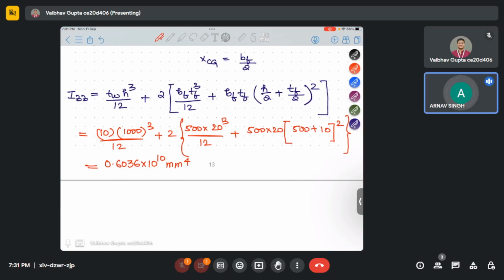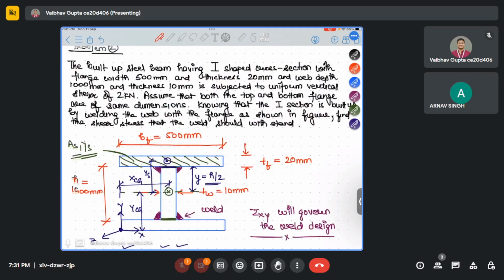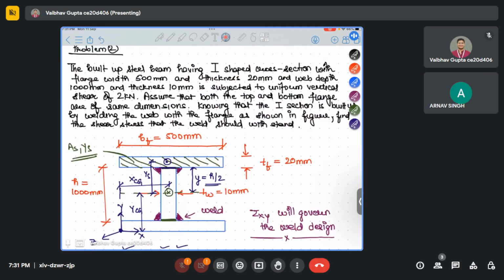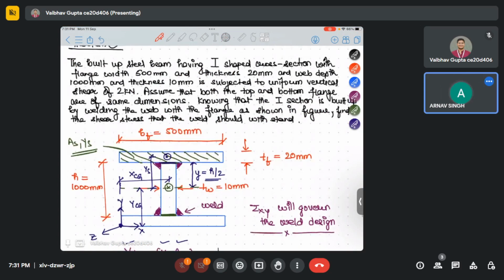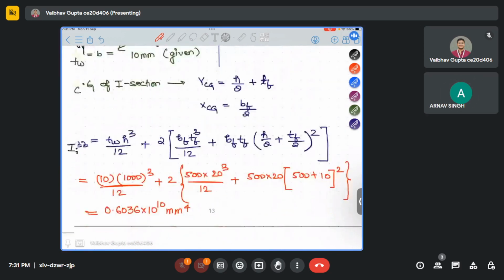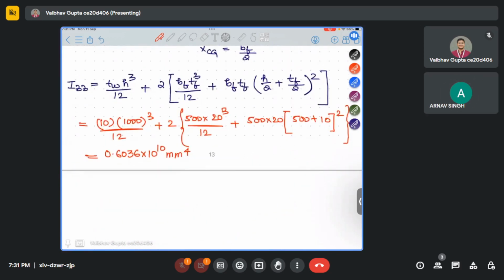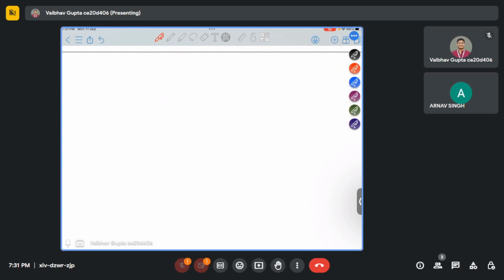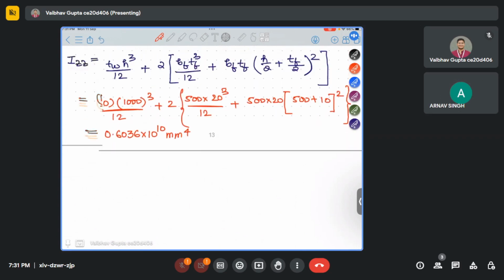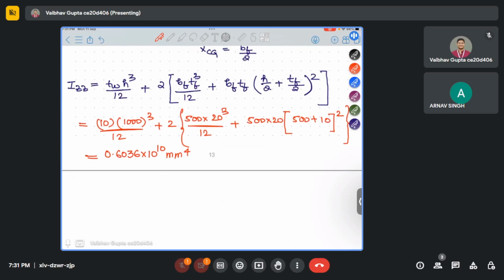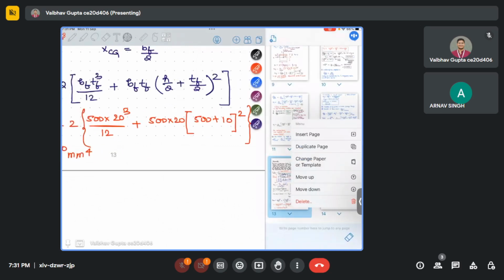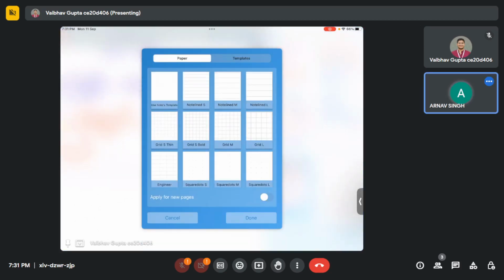Sir, where did BF 500 come from? It's given in the question: 500. TF is 20 and TW is 10. By putting all these in the formula, we get IZZ as 0.6036 into 10 to the power 10 mm4.